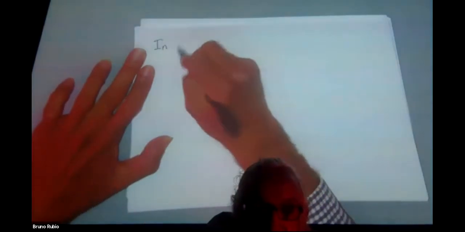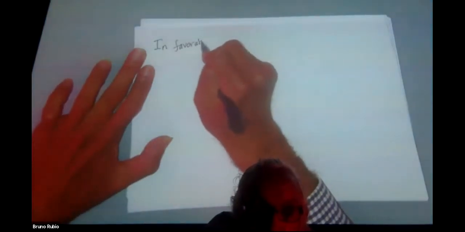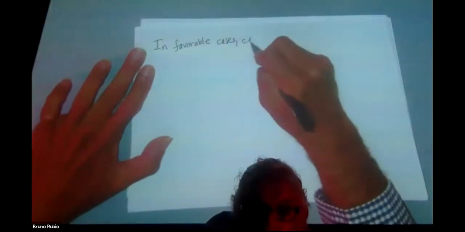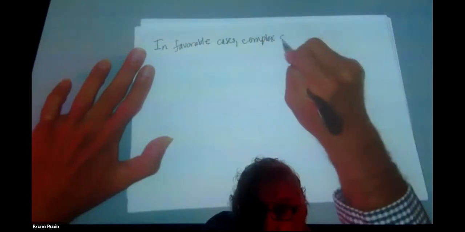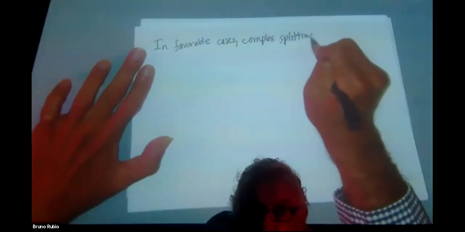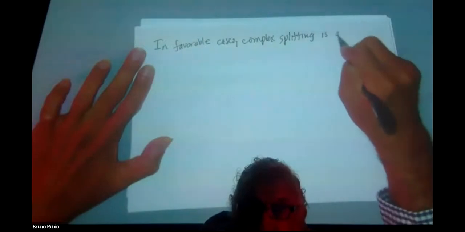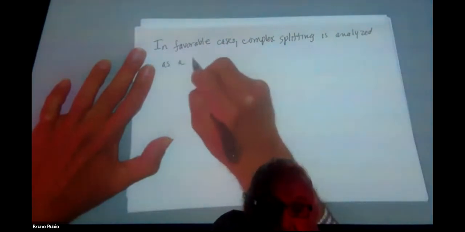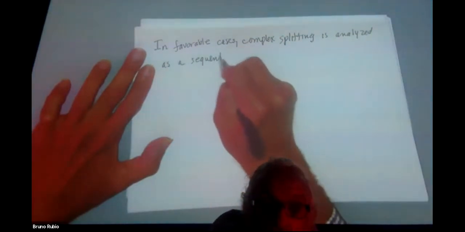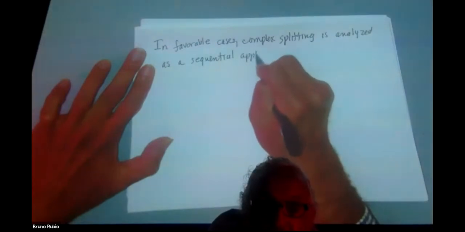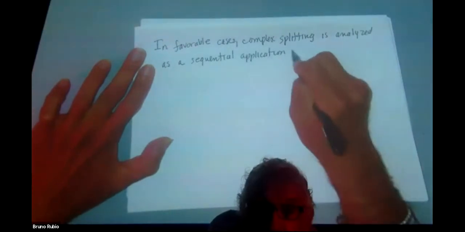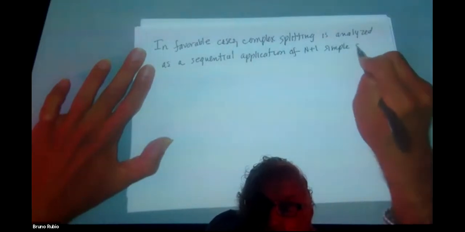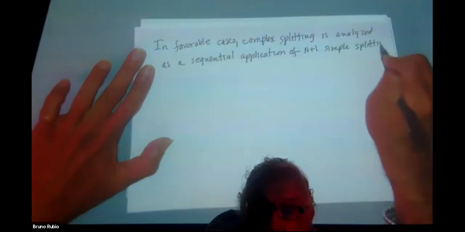Okay, in favorable cases, the complex splitting is analyzed, it's understood as a sequential application of N+1 simple splitting.